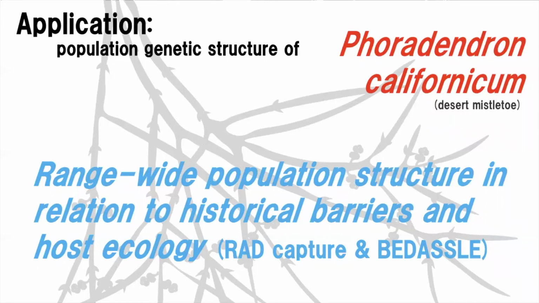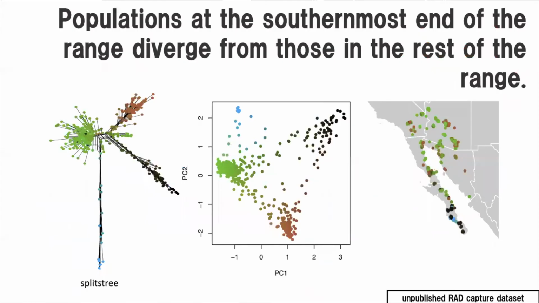genome-wide divergence. So in order to test this, I did a RAD capture study and then applied BEDASSLE to the results of that study. So first, some exploratory analysis. Here in the center, I have a PCA of the genetic variation. The coloration of the points is actually the third principal component. But in general, individuals represented by points closer together in space are more related to one another than those far apart.